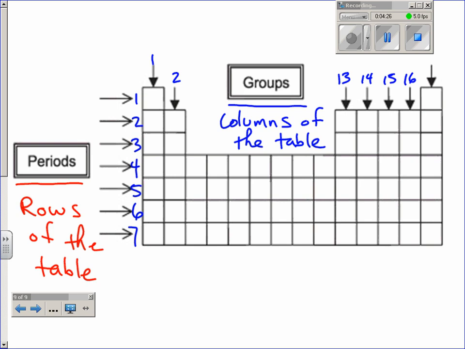Whoever developed this table doesn't know what they're doing. Let's just see. 1, 2, 3, 4, 5, 6, 7, 8, 9. Oh my gosh. This table isn't correct at all, except that it has 7 periods. This is a tragedy. We don't have the right number of blocks. Whatever will we do? Well, I guess we'll take those off.